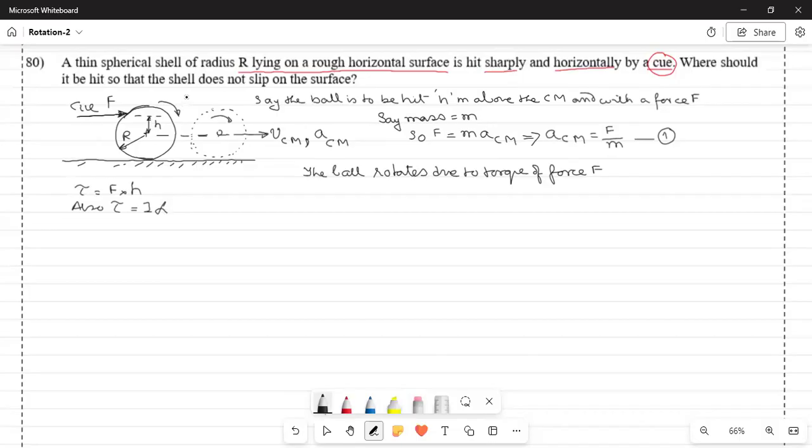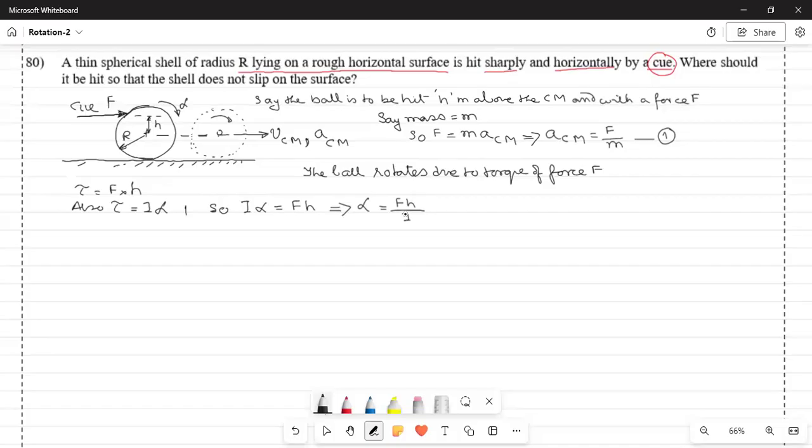Let's say this angular acceleration is alpha. So I alpha is equal to F h. From here we get alpha is equal to F h by I. I is the moment of inertia.